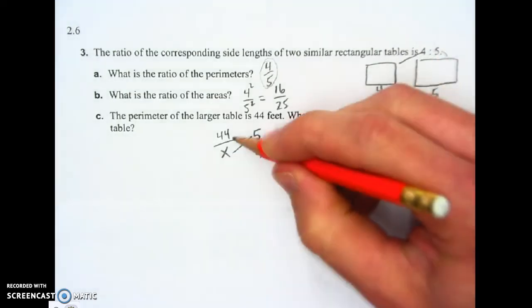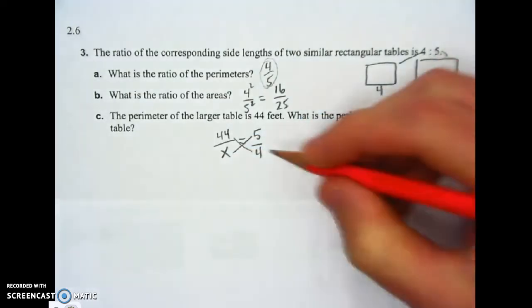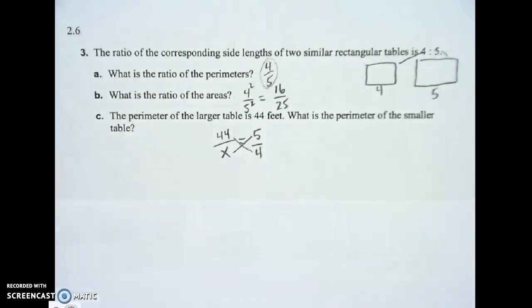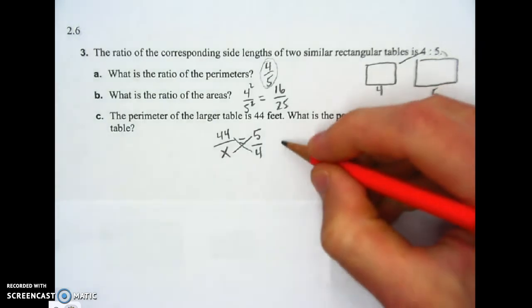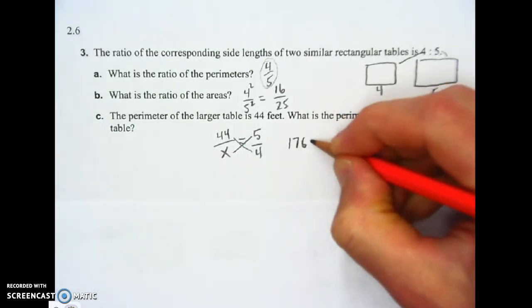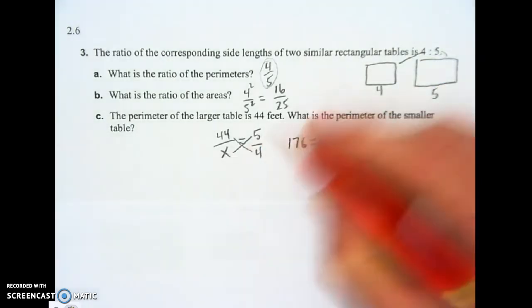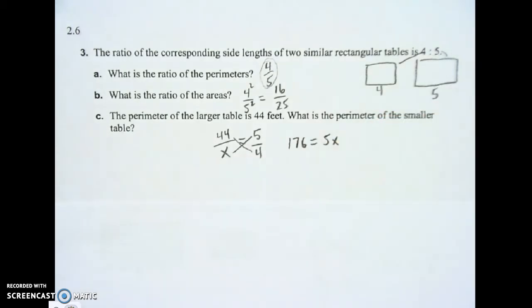So let's cross multiply. So 4 times 44, we get 176. That equals 5 times x, which is just 5x. And we'll divide both sides by 5.